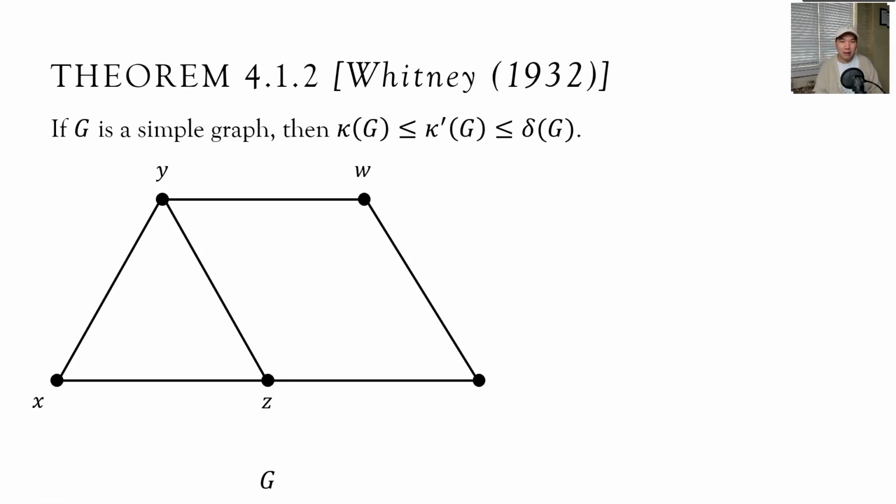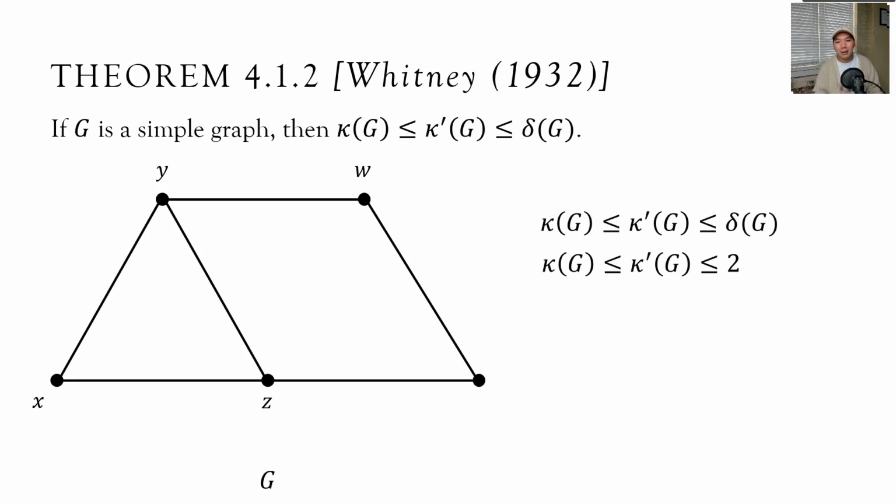So, by Whitney's theorem, we have this inequality, which also tells me since delta of G is 2, then kappa and kappa prime are at most 2. In particular, whenever I have this upper bound of 2, it gives me something pretty nice because proving 2-connectedness is pretty nice. Now we just have to show that no matter what single vertex I delete, it does not increase the number of components.